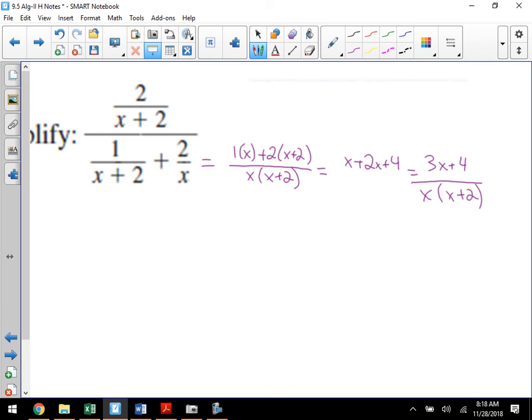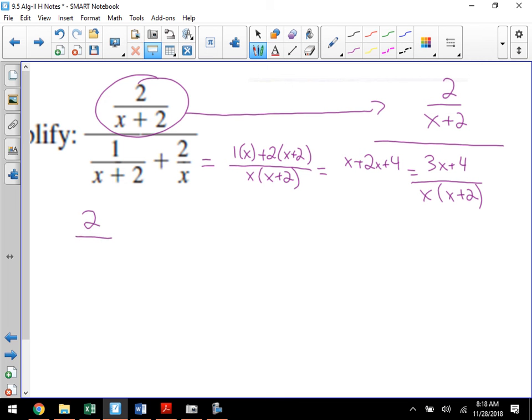Now, remember, this guy is still going along. Which means now I have 2 over x plus 2 divided by 3x plus 4 over the quantity, x times x plus 2.